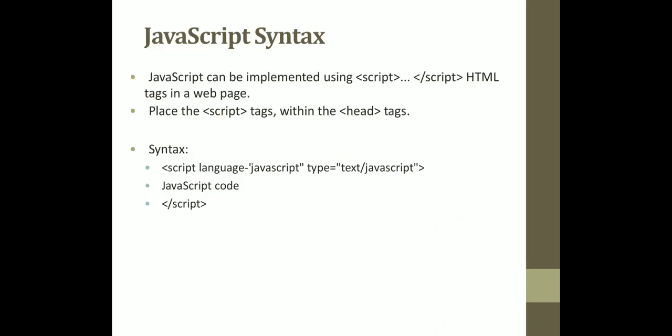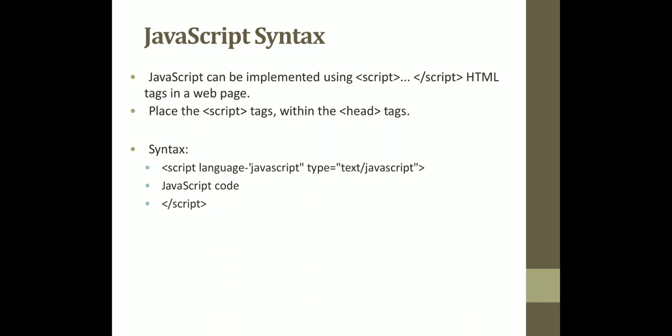Next we will see the syntax for JavaScript. It can be implemented using the script tag in HTML. The script tag is a pair tag, which means it has an opening and a closing tag. With the script tag, within the head tags you can write your script.